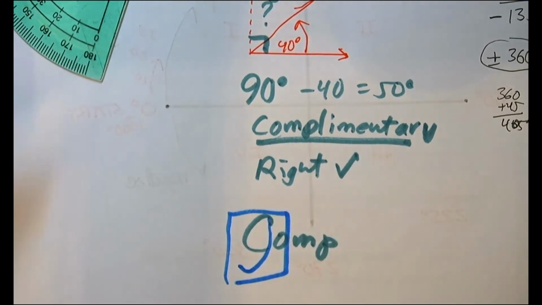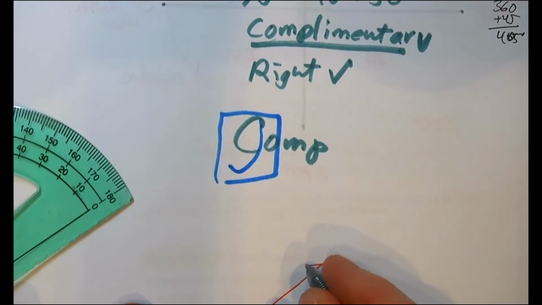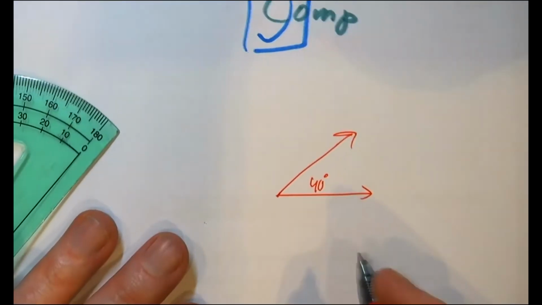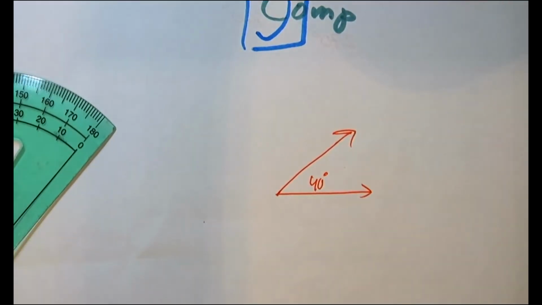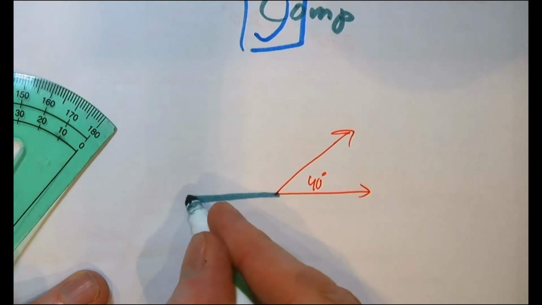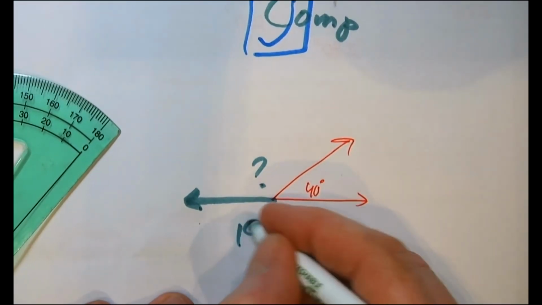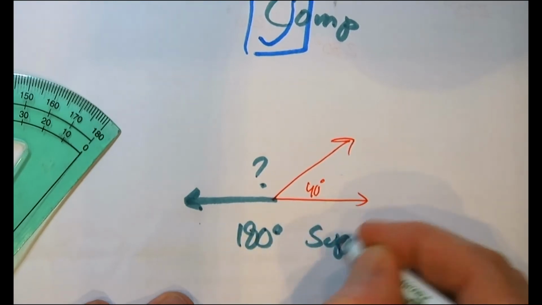Okay. And what if I took that same 40-degree angle and said, I would like you to go all the way over here to make a straight line. What's the missing piece here? If you want to get to 180, we call this the supplement.